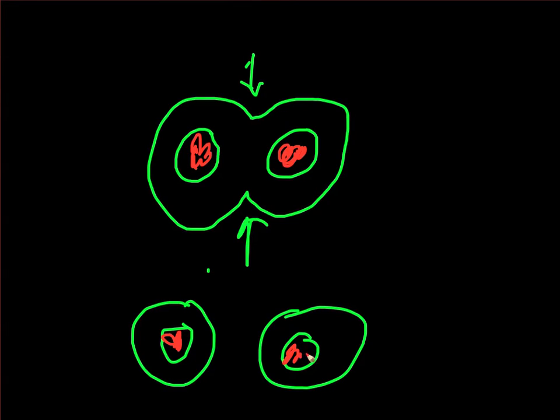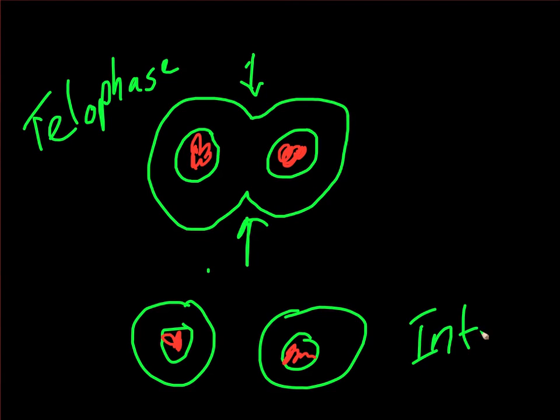Same exact information. And this is what telophase looks like. When this is done, now these two cells are in interphase. And then the process will start over again once the cells mature and reach the right stage of interphase. That'll go into prophase and start replicating everything.